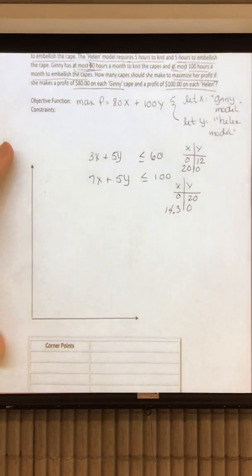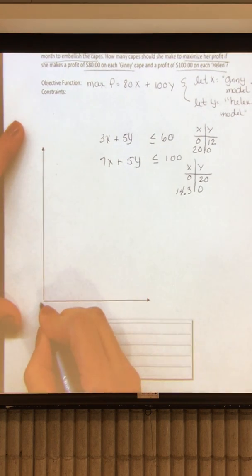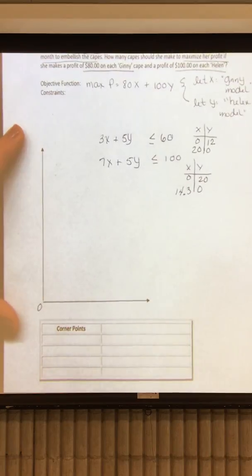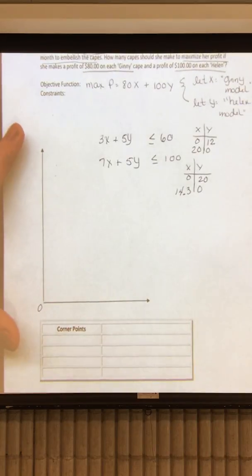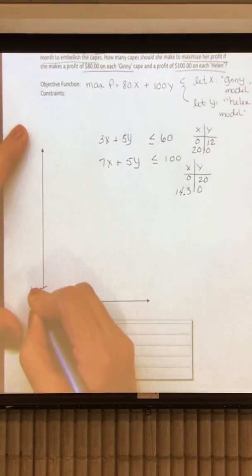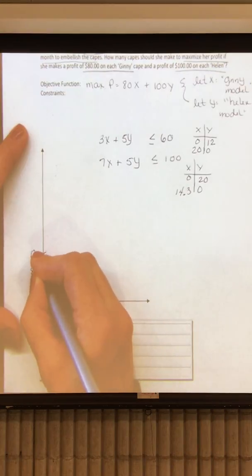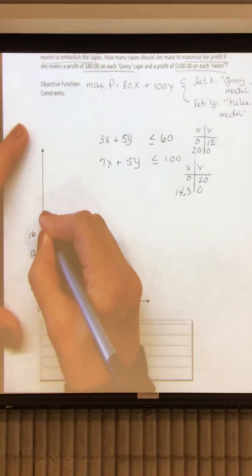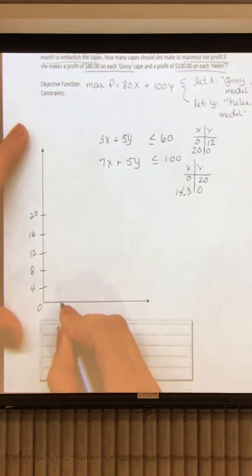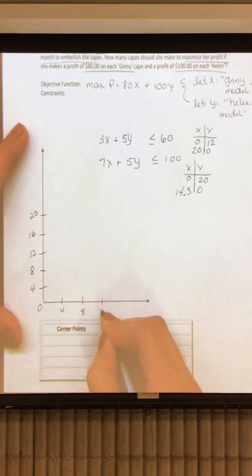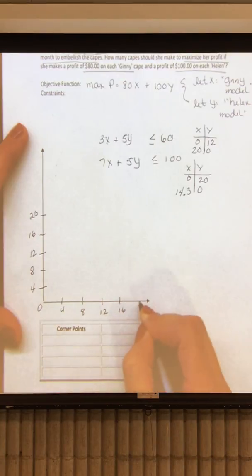So let us draw our graphs. Here we can draw our graphs in increments of 4. So let's do 4, 8, 12, 16, and 20, and 4, 8, 12, 16, and 20.